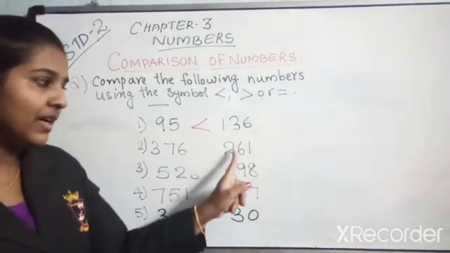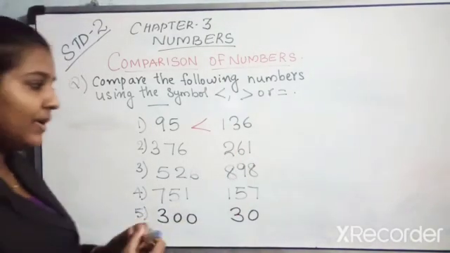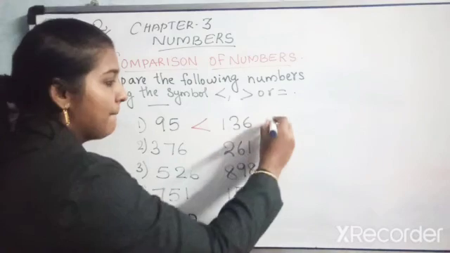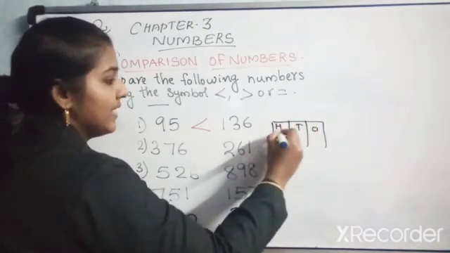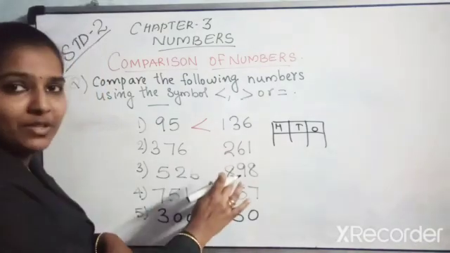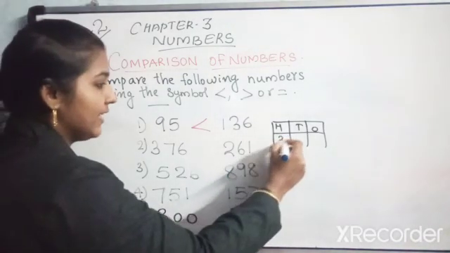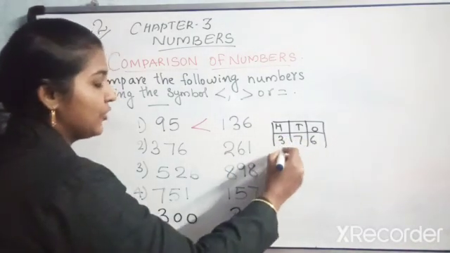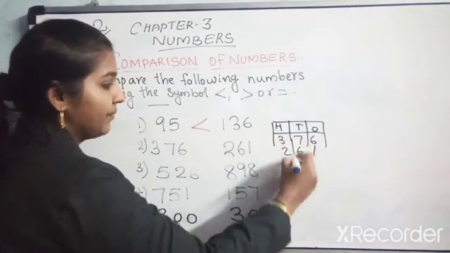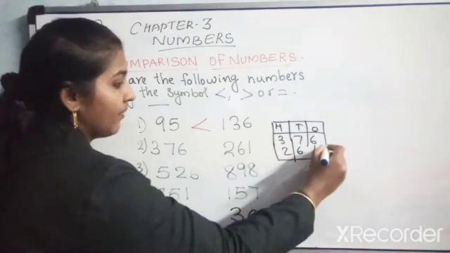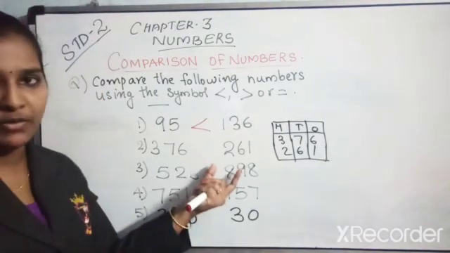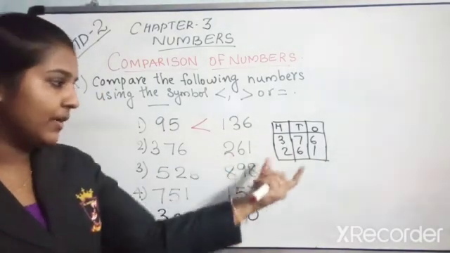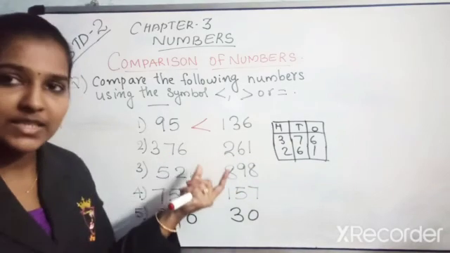376, 261. Okay. To answer this question you can draw a place value chart. Ones, tens, hundreds, and arrange these numbers on the place value chart. That is 376 and 261. Okay. Now, first you check the number of digits. We can understand from this that both are 3-digit numbers.